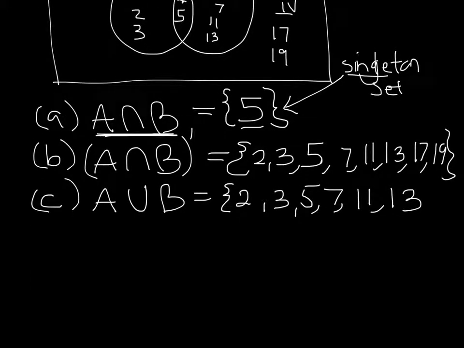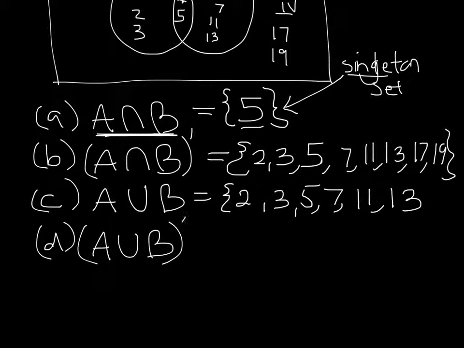The next one is the complement of A union B. Again, the complement is everything in the universal set except this. We just found A union B, it's all of this. So the complement means I want everything but these numbers.